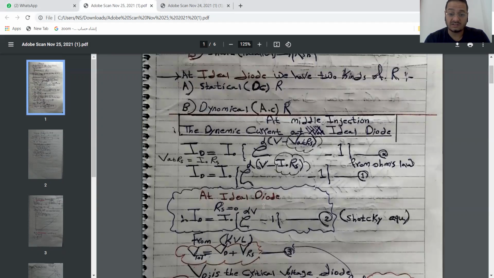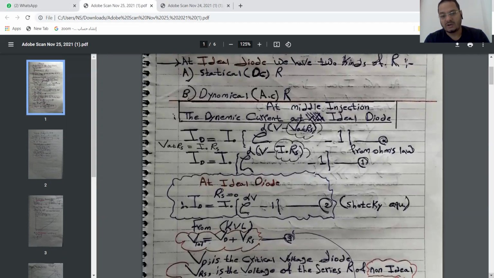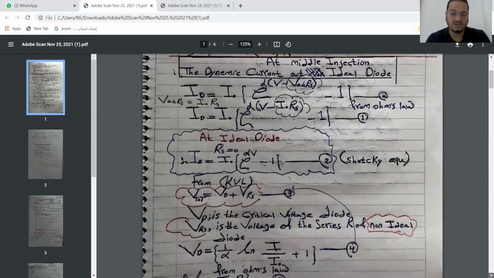At non-ideal diode, here we calculated the current at diode. But at ideal diode, we will put 0 instead of Rs, so that ID equals I naught times exponential of the diode constant times V, minus 1, like that. That means we come back again to the Schottky equation.